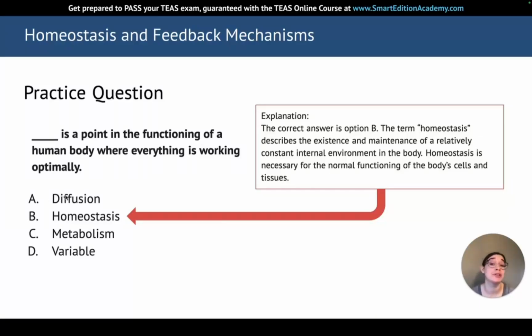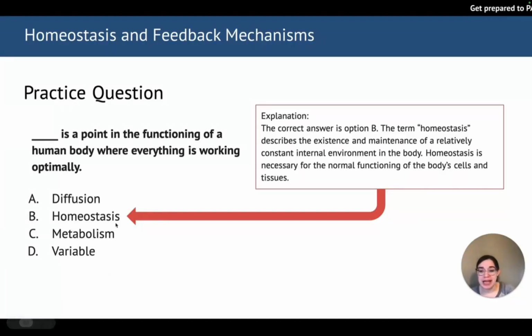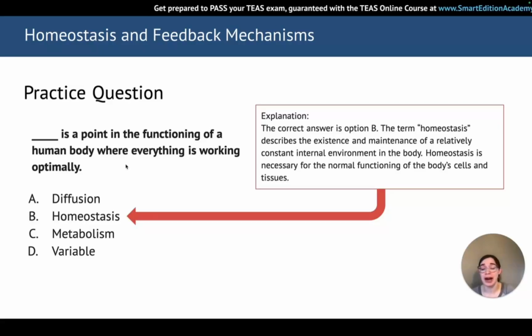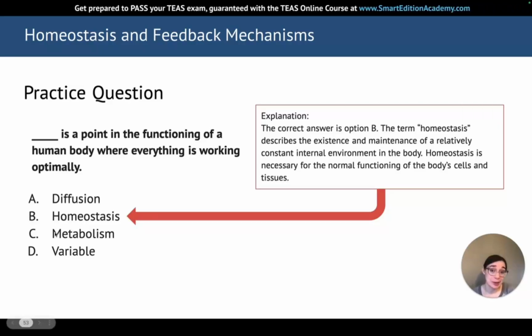So this is an incorrect answer. Option C, metabolism, refers to chemical processes that help us maintain life and produce energy. So again, something valuable to the body, like diffusion, but does not quite fit with what we're being asked about in the practice question. So that's not a correct answer.